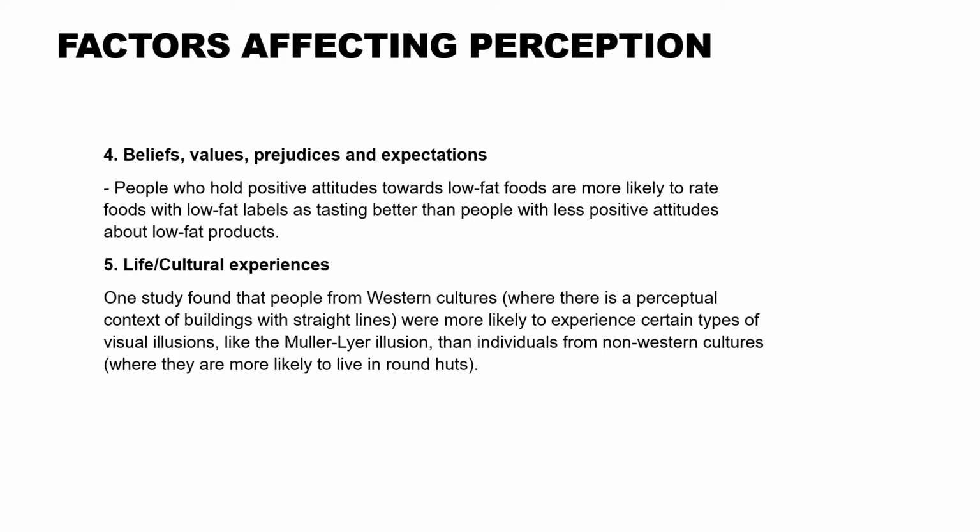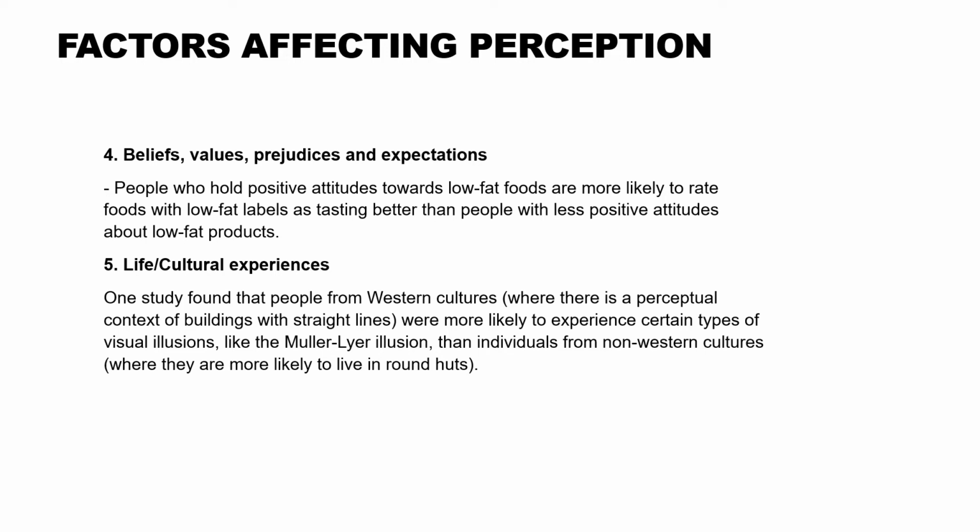So, for example, people who hold positive attitudes towards low-fat food are more likely to rate foods with low-fat labels as tasting better than people with less positive attitudes about low-fat products. We might say the same could be true for someone who's a vegetarian. Someone who's a vegetarian might find that food that is made with beans and vegetables is much more tasty than someone who is not a vegetarian. And this has to do with their own beliefs and their own values affecting their perception.